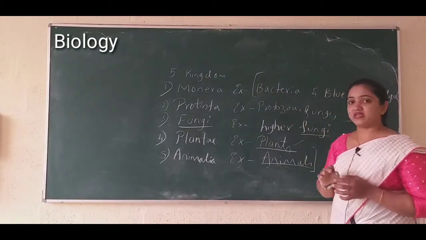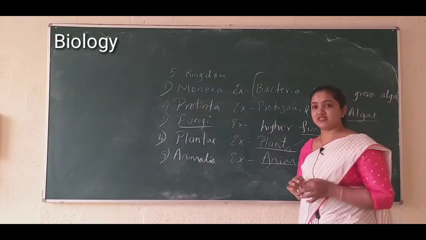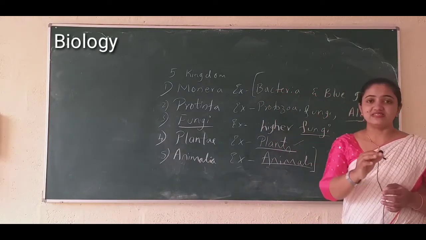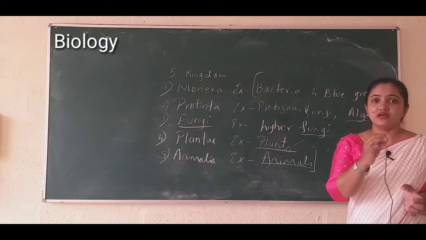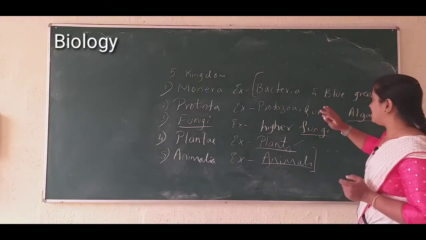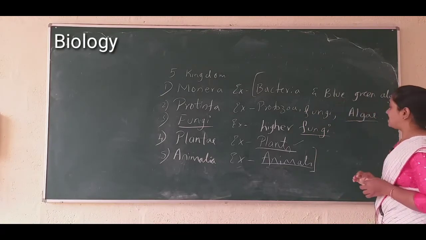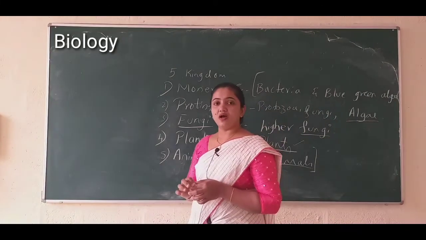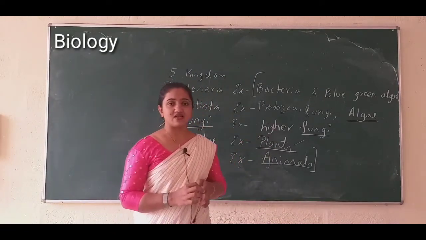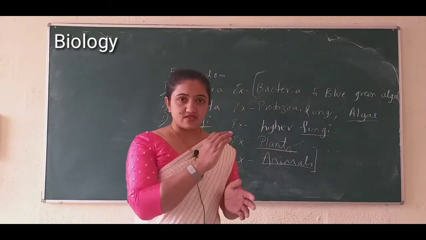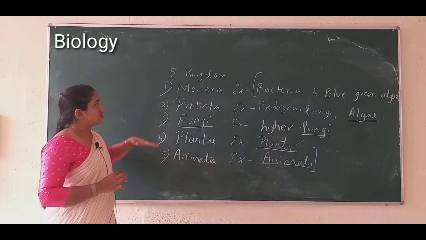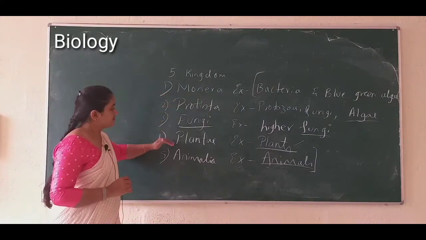But the harmful bacteria, disease causing bacteria, if they start infecting any organism, that leads to serious illness. And the blue green algae, that is also a beautiful alga having a different color. So those are all the examples of the 5 kingdoms.